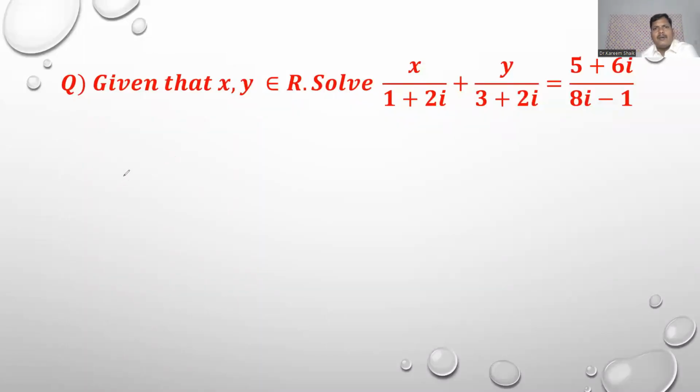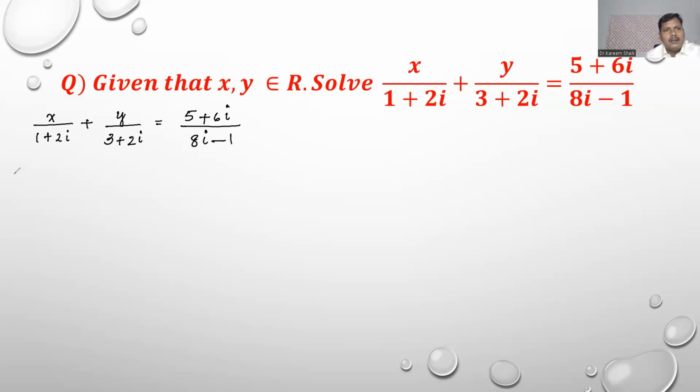Given that x, y belong to real numbers, solve x upon 1 plus 2 iota plus y upon 3 plus 2 iota equals 5 plus 6 iota upon 8 iota minus 1. Let's see here.